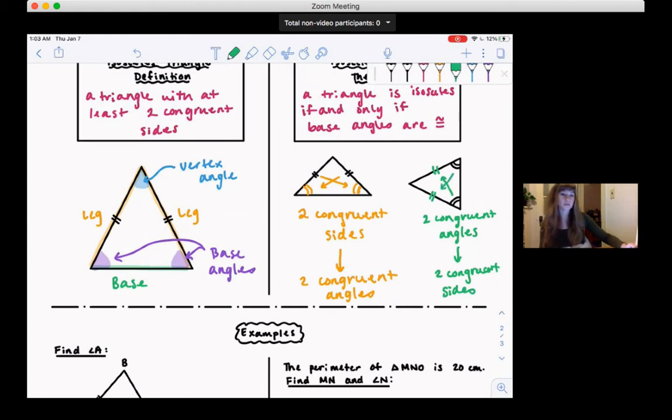Those will be the legs of the triangle. Okay, so if you put those two things together, an isosceles triangle is a triangle that either has two congruent sides or two congruent angles. And if you know that it has one of those things, then it has the other. Okay, so let's do some examples with isosceles triangles.